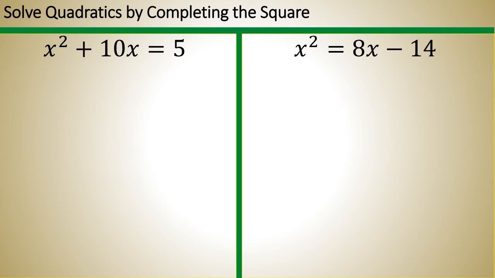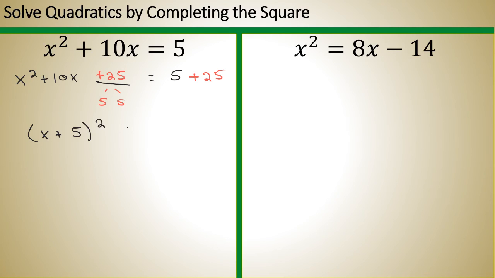Okay, here's just a couple more examples. So this first one, we're going to make a space here, x squared plus 10x, leave a space, is equal to 5. So break that 10 in half, and that's going to give me 5 and 5. So that's a positive 25. I also have to add it over here. So now the factors of the left side are going to be x plus 5 squared is equal to 5 plus 25 is 30.